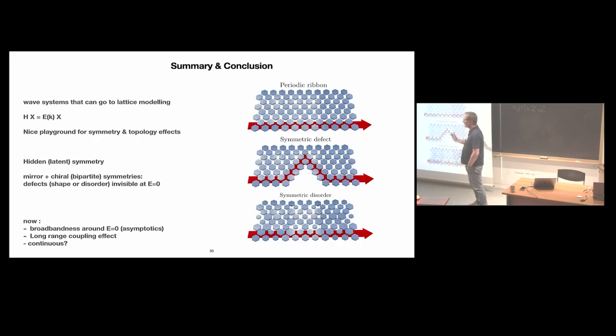This latent symmetry looks, for the moment, very particular to lattices. What else? Some things to do: the broadbandness of all this effect, because zero energy plays an interesting role.